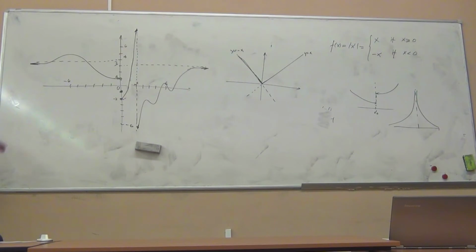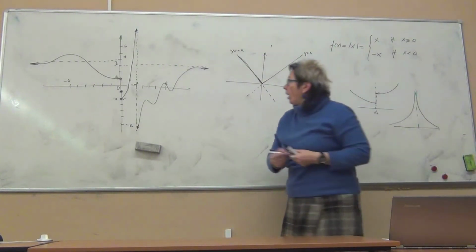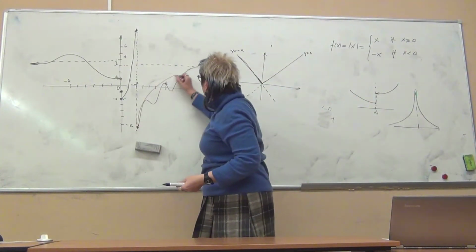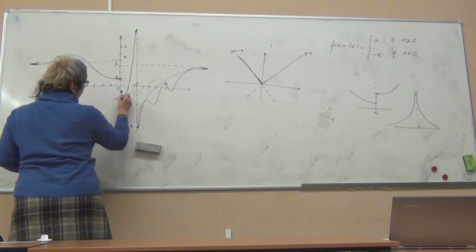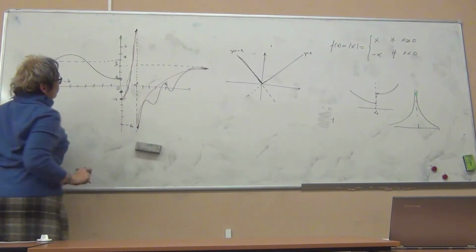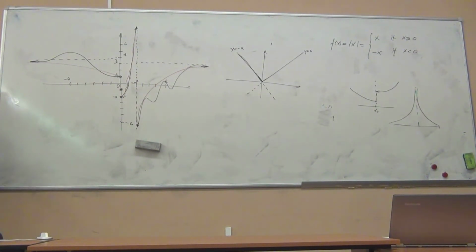So it could be like this, or simply like this. So there are variations, of course, of that function. I could draw this part like this, this part like this, and this part like this. It's just one example. So nobody requires you to do fancy stuff.